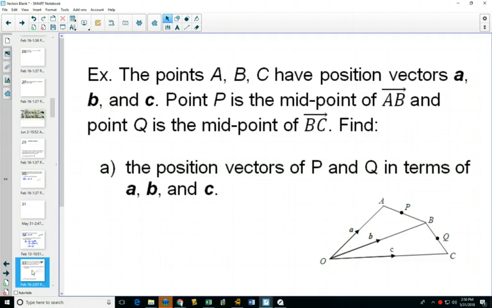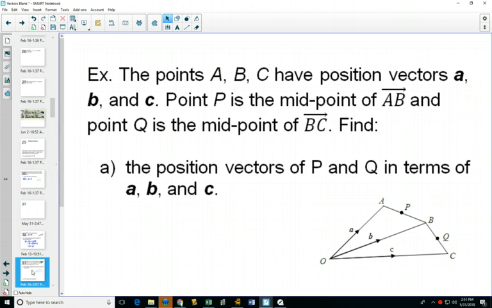The points A, B, and C have position vectors a, b, and c. The point P is the midpoint of AB, and the point Q is the midpoint of BC. Find the position vectors of P and Q in terms of a, b, and c.